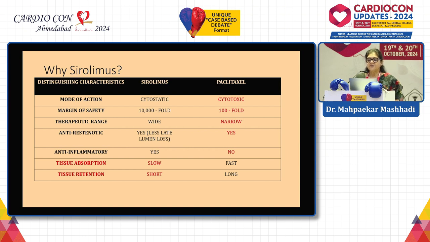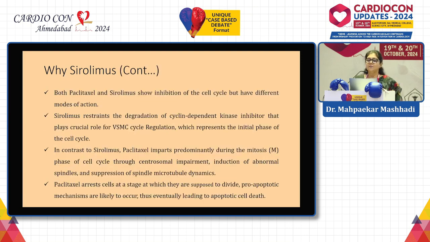Both the drugs, sirolimus and paclitaxel, one of them is cytostatic and one is cytotoxic. Sirolimus has a slower absorption and tissue retention is a little shorter, while paclitaxel is a cytotoxic drug and has a fast absorption, and retention also is long. Both paclitaxel and sirolimus show inhibition of the cell cycle but have very different modes of action.